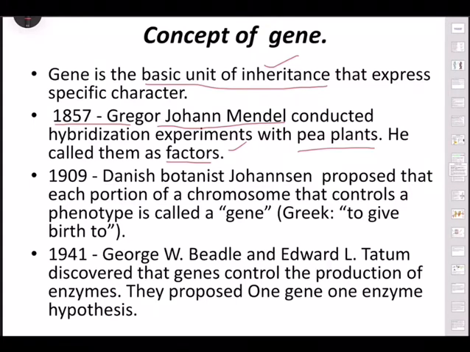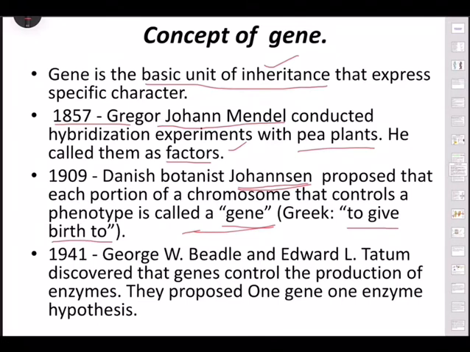Now in 1909, the Danish botanist Johannsen proposed that each portion of a chromosome that controls a phenotype is called a gene. Phenotype is, of course, the physical appearance of an individual, right? And in Greek, gene means to give birth to.